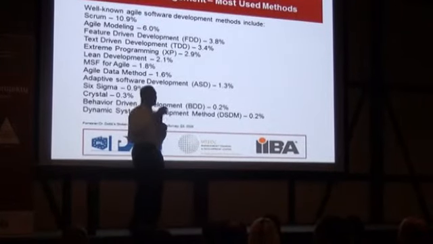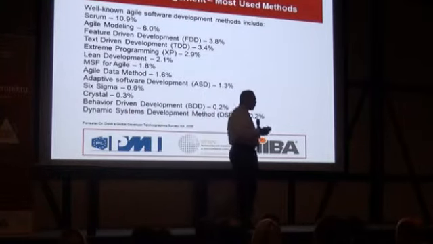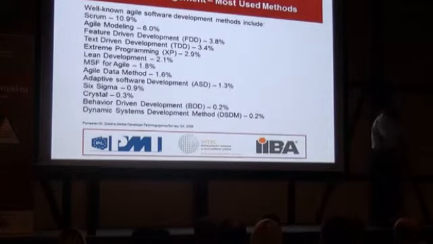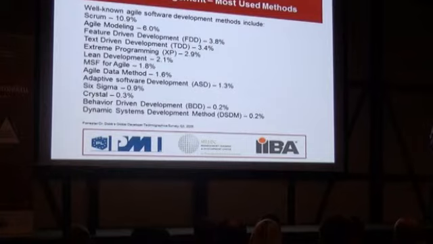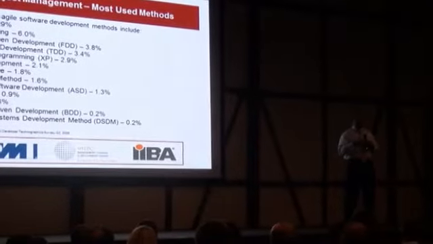Here's another interesting research fact. Gartner Group, a research organization, predicts that by the end of 2012, this year, most projects will be 80% agile. Most projects that will be done, 80% of them will be done from an agile perspective.